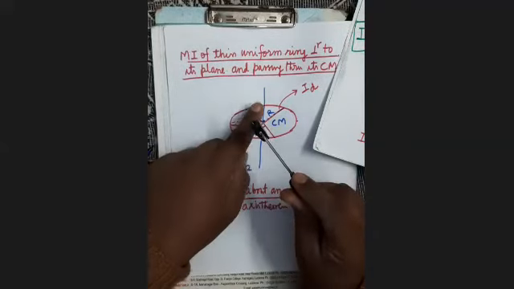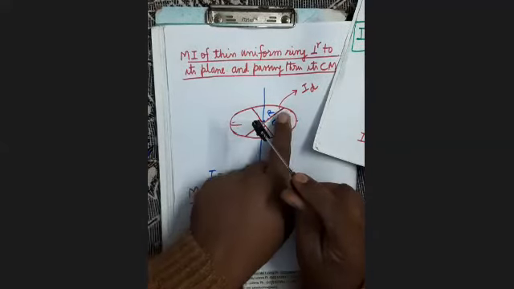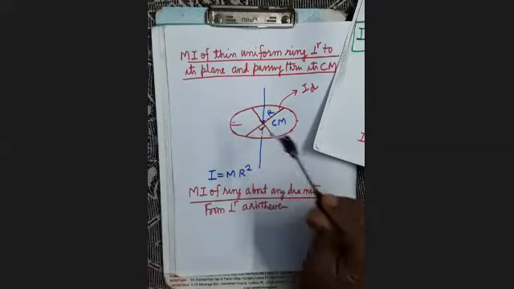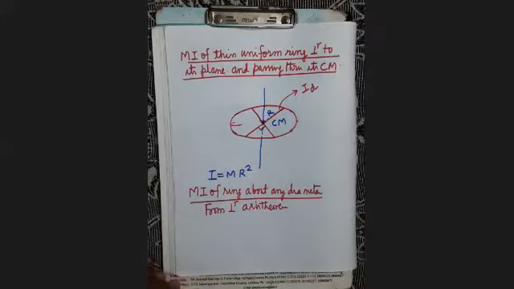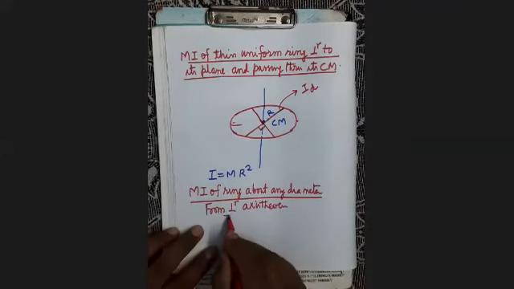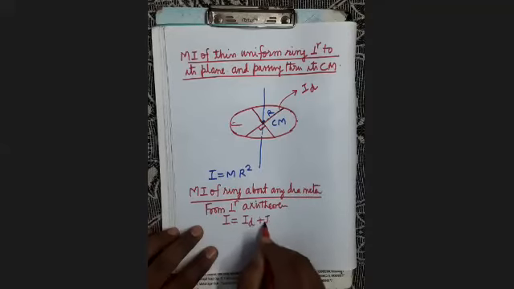So the moment of inertia about this axis will be I equals I_d plus I_d.